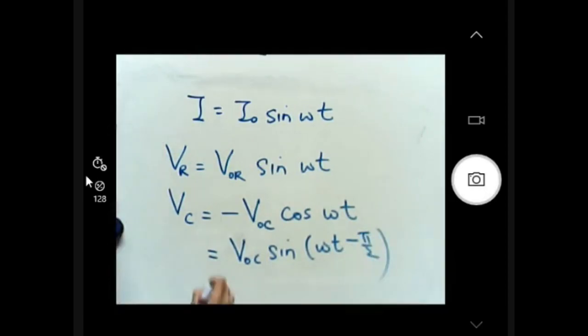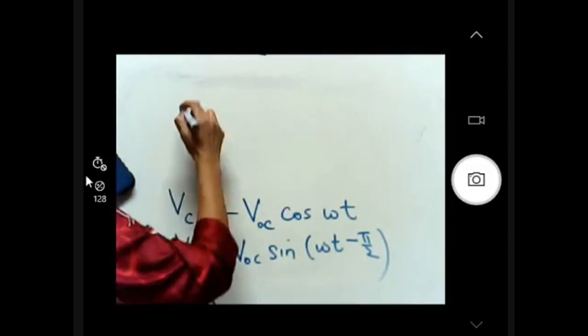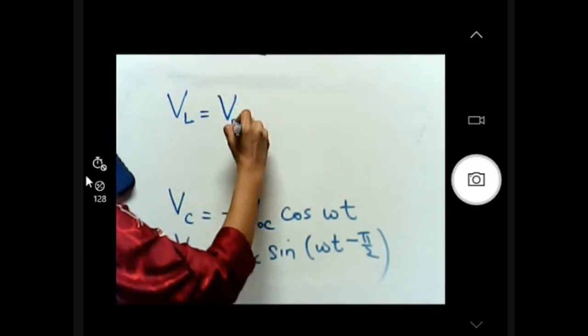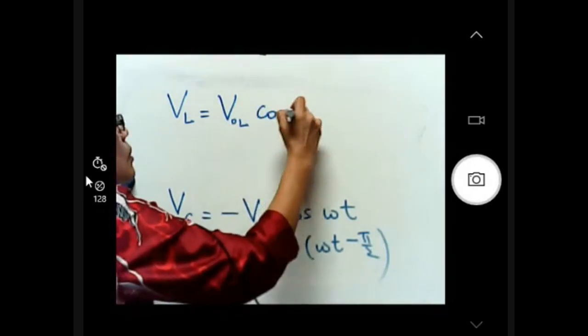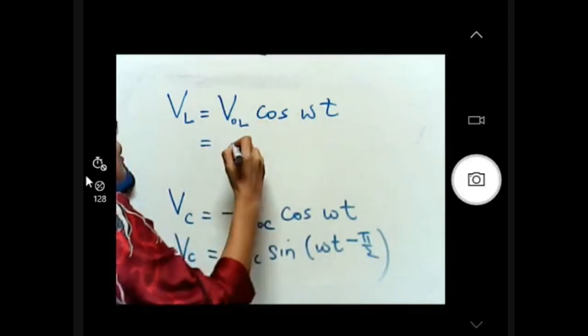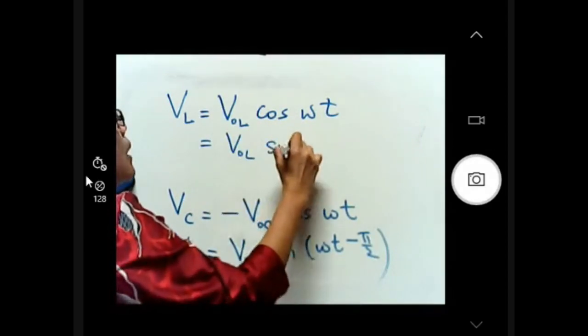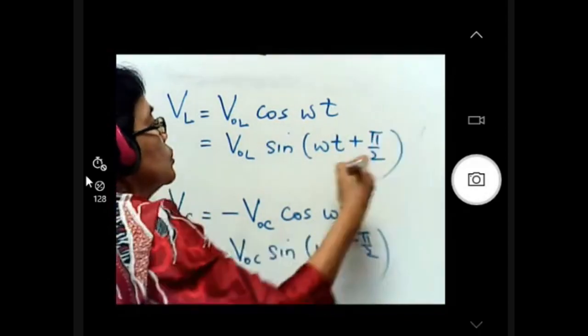Also can. Then for voltage across inductor, no space, so I'm going to write here. Voltage across inductor will be V naught L cos omega t, or V naught L sine omega t plus pi per 2. Also can.